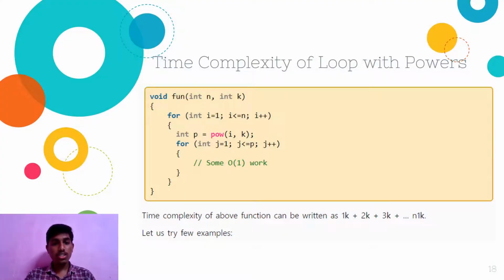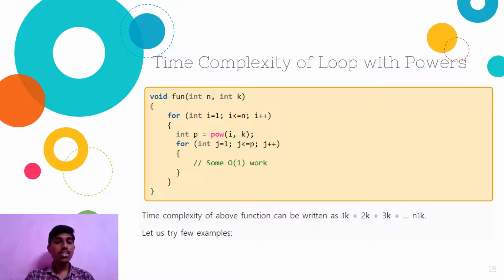So here is a function which can be explained by powers with nested loops inside it. Let's discuss that. Here is the C program, and we have taken a function which returns nothing, so it returns void, and we have taken two arguments, both of integer type, which we designate as n and k.